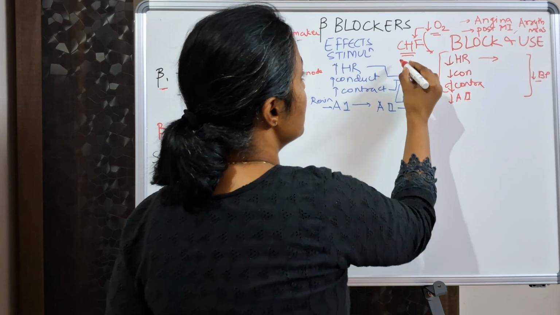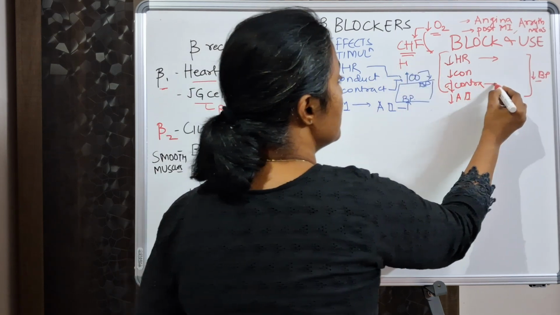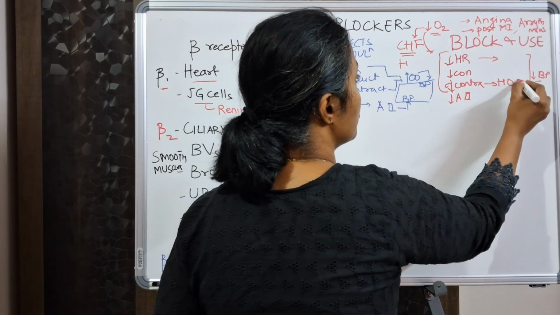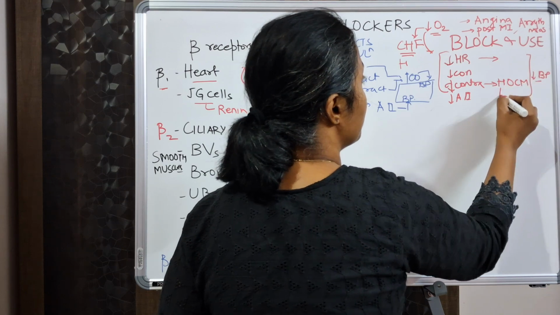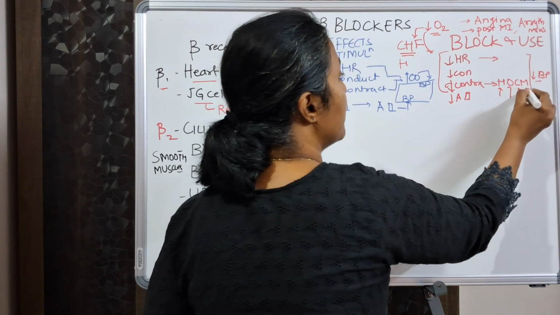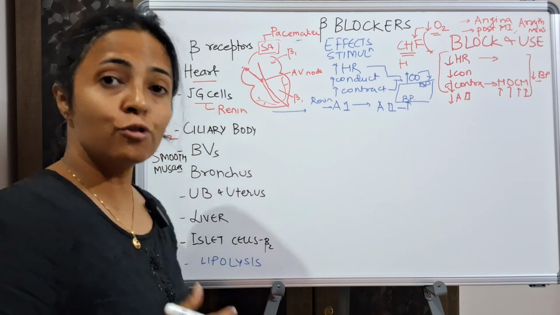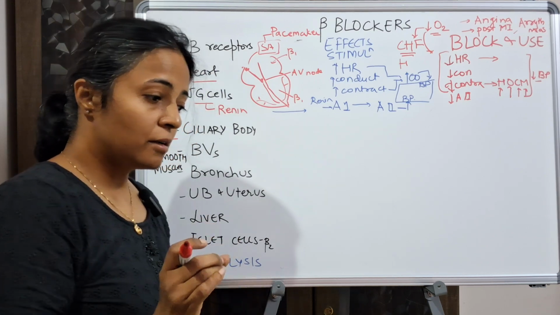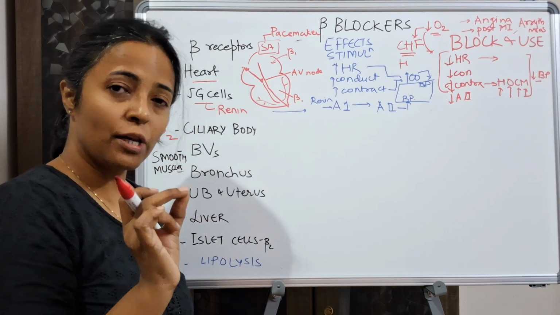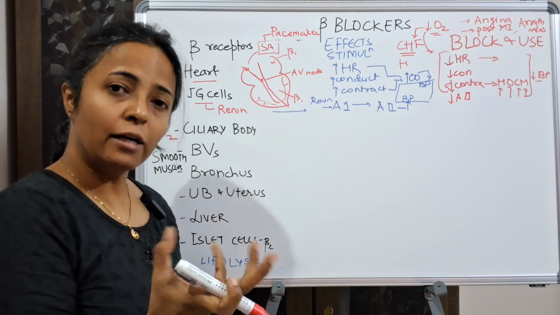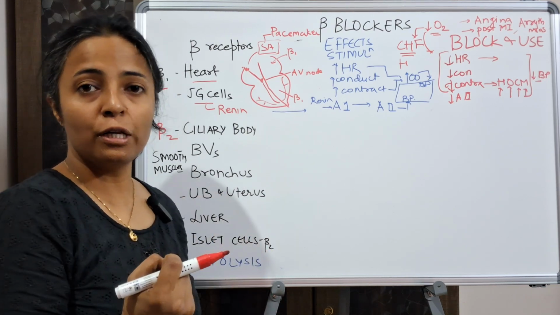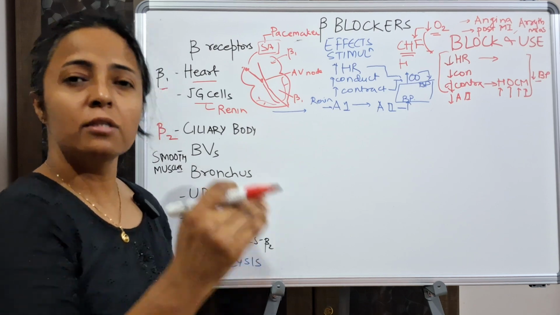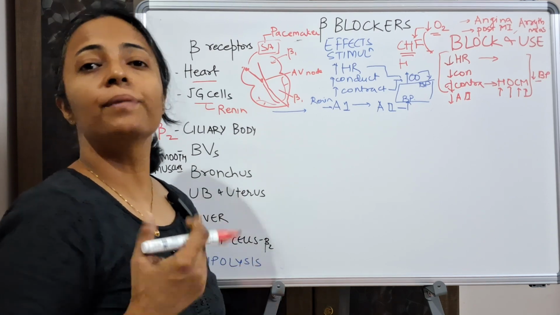Okay, so that is another thing. Then they are used in HOCM. Because of this decreased contractility, they are also used in HOCM, that is hypertrophic obstructive cardiomyopathy. In HOCM, actually there is a hypertrophy of a small area, such that when the heart contracts much more forcefully, it blocks the outflow of blood from the heart.